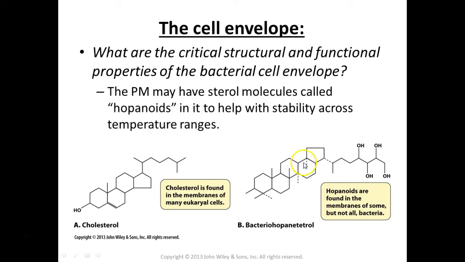But look at it. It's very similar, right? You have these planar, big ring structures, and some other components. A lot of similarities there, and a chemist would tell you the same. So they function very similarly, right? They help add rigidity and stability to the membrane.